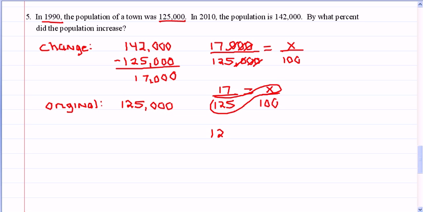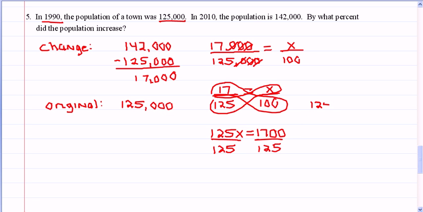So we get 125x, and then 17 times 100 is 1700. Divide both sides by 125. And on the side, I take 125, divide it into 1700.